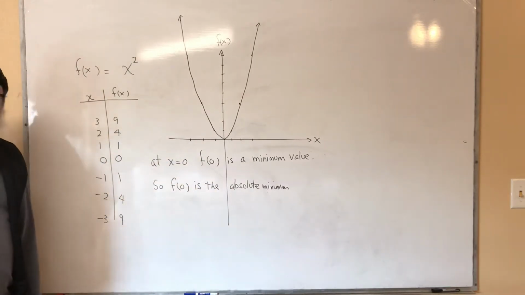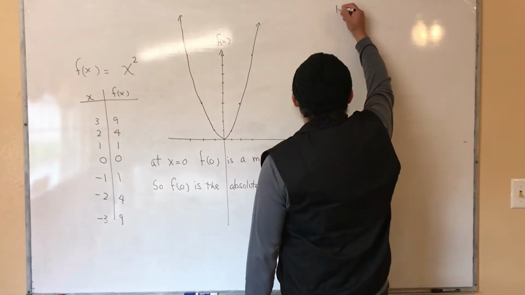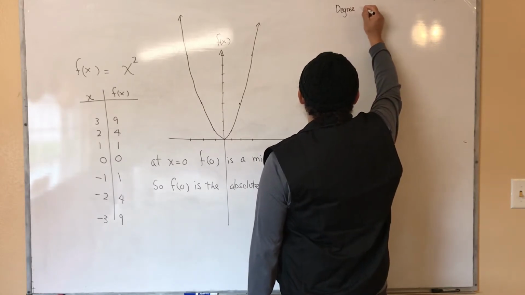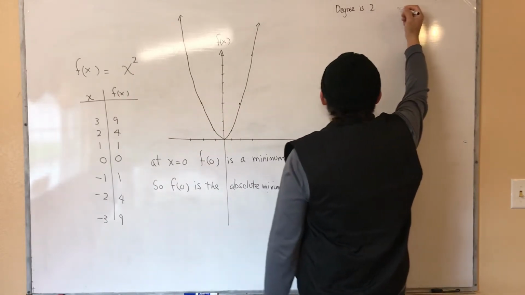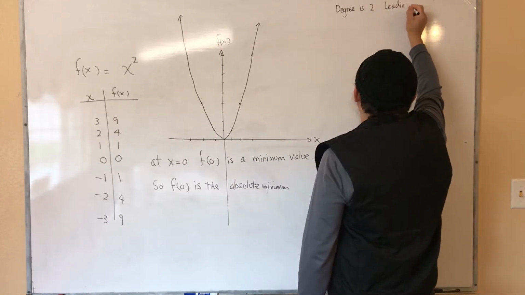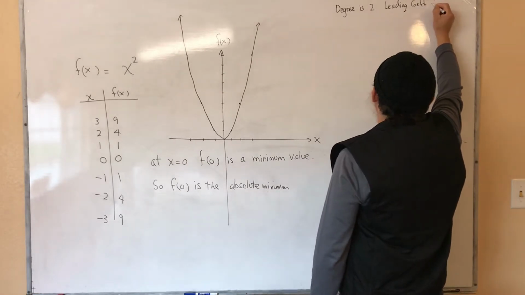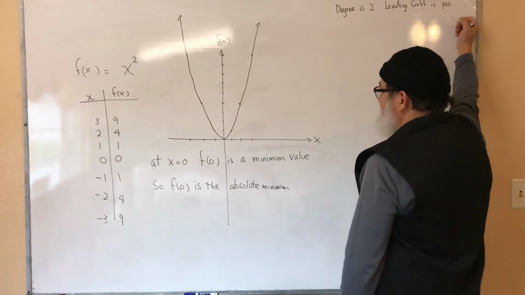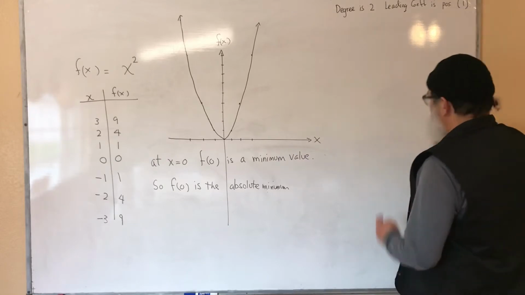Let's look at the behavior, the end behavior. Note, degree is 2. Leading coefficient is positive. In fact, leading coefficient is 1. You see it?